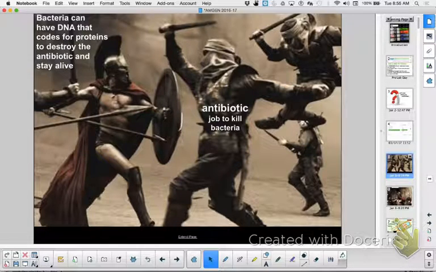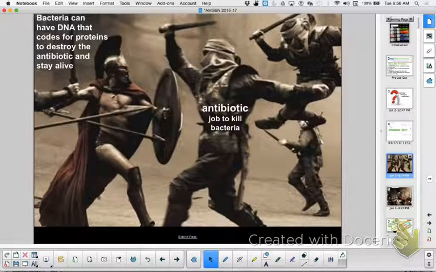Bacteria can contain DNA that protects them against, anybody know what this is from? 300. Yes, it is. That can protect them against antibiotics. Keep in mind what antibiotics are there for. What are they trying to do? Kill bacteria, right? Anti-life.